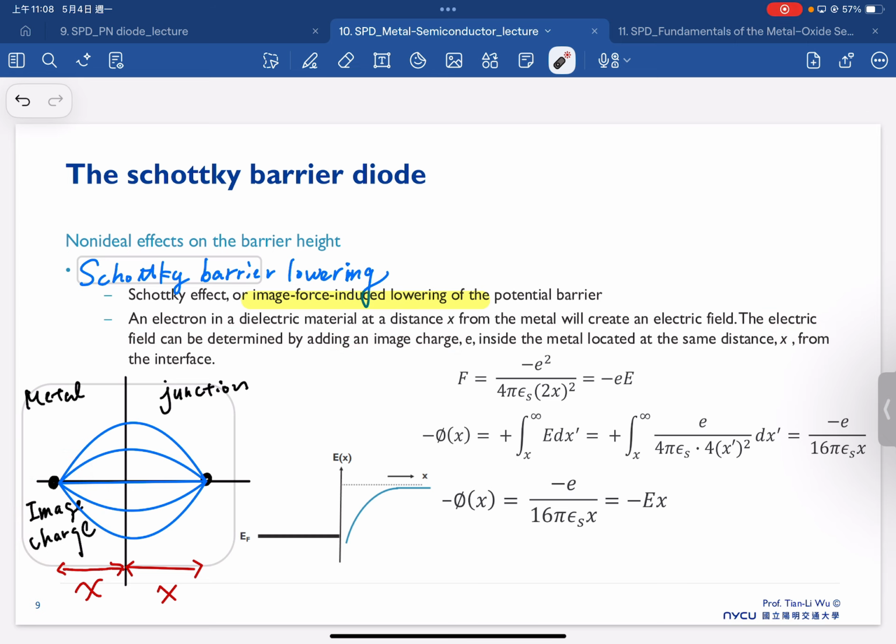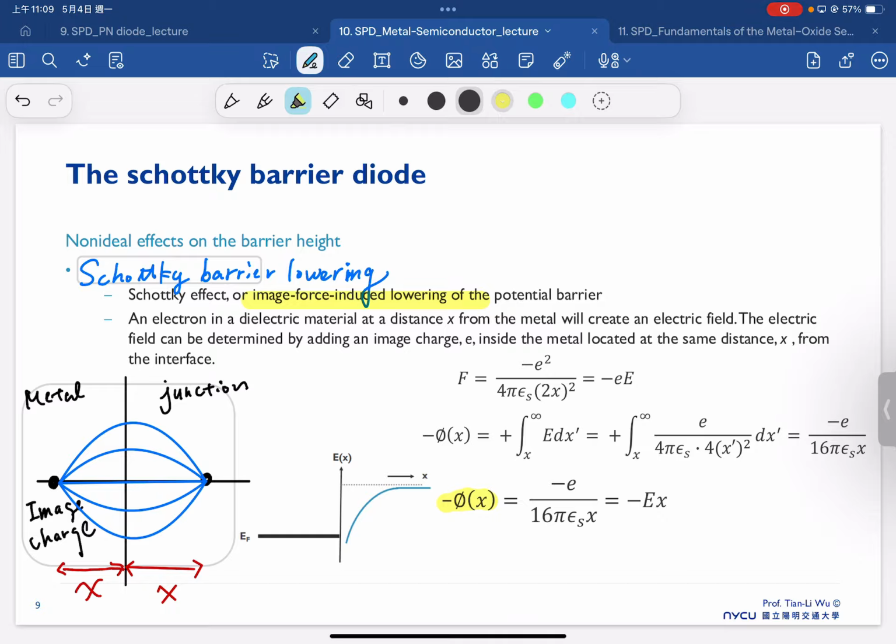This is an idea we have learned from electromagnetics. In the first few chapters of electromagnetics, we talk about how to calculate the electric field. We consider this image charge and this equation with the distance of 2x. In the end, we have the potential phi(x) as shown here.